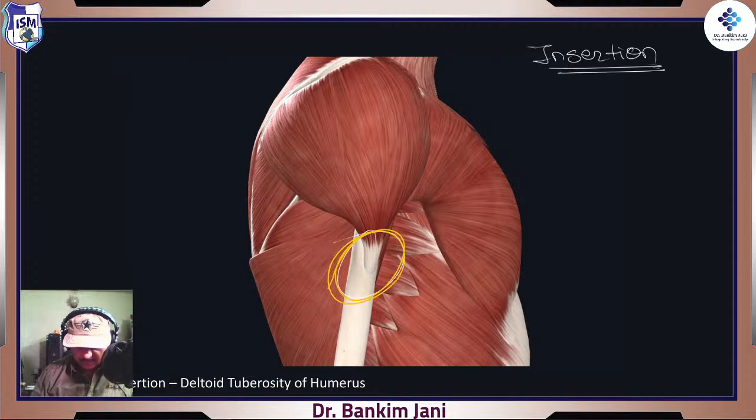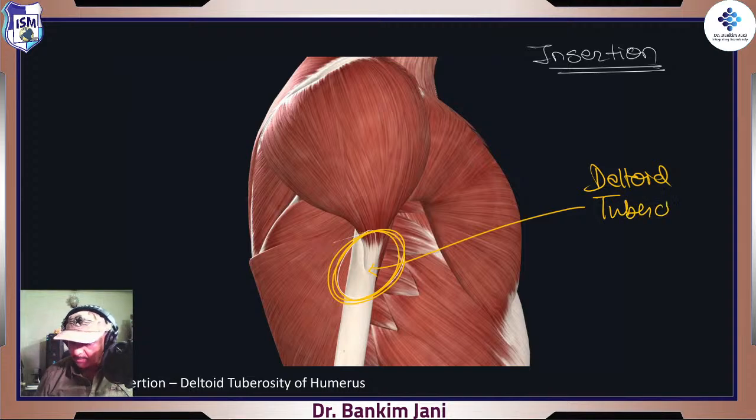Because such an important muscle is getting connected, the humerus also respects that muscle, and that prominence is named after the deltoid. It is called the deltoid tuberosity, right? Deltoid tuberosity.